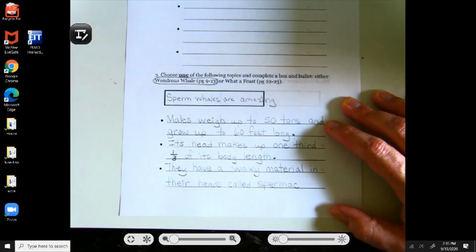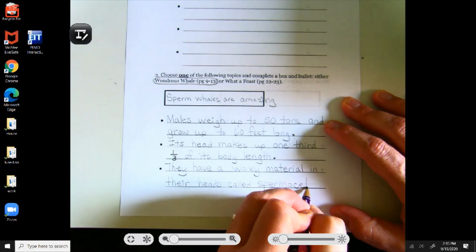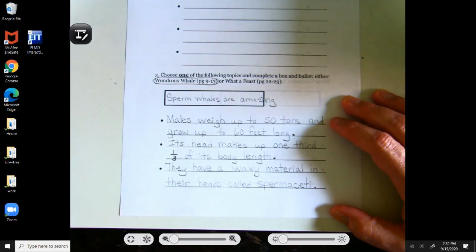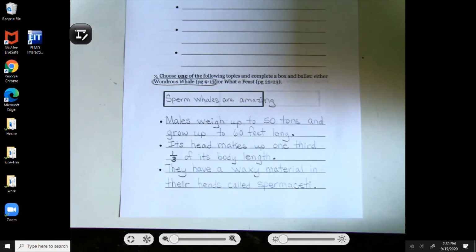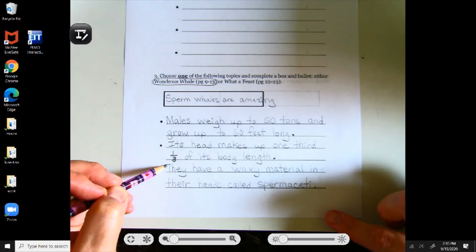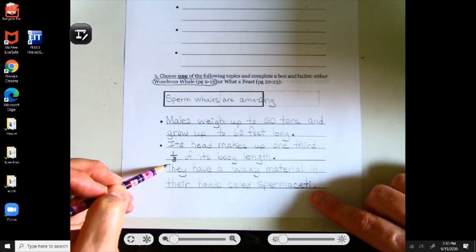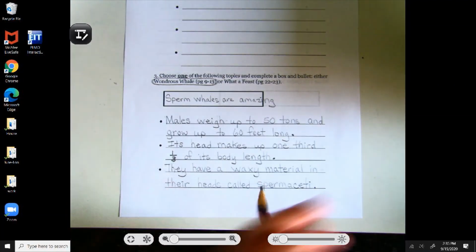I have to double check how to spell that, scholars. Spermaceti. Period. So if you're still writing that, that's okay. Take your time. Spermaceti. So again, we have a capital letter on they and a period at the end, right, showing a complete sentence, right?